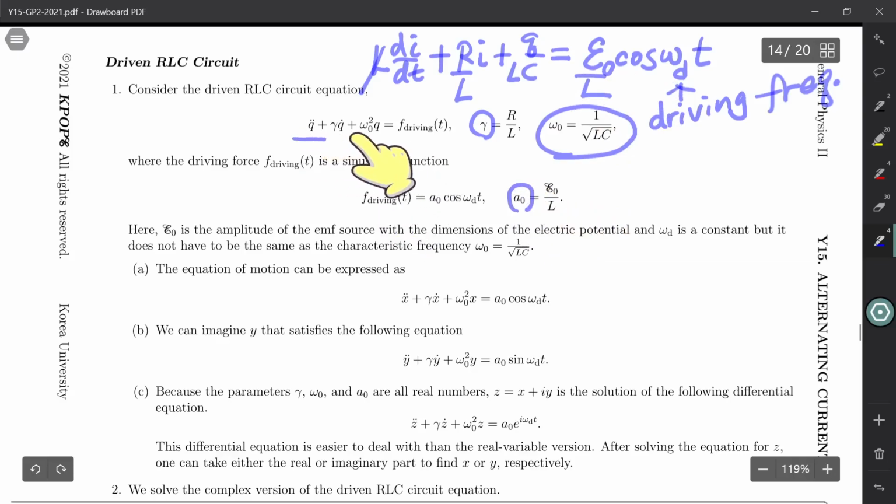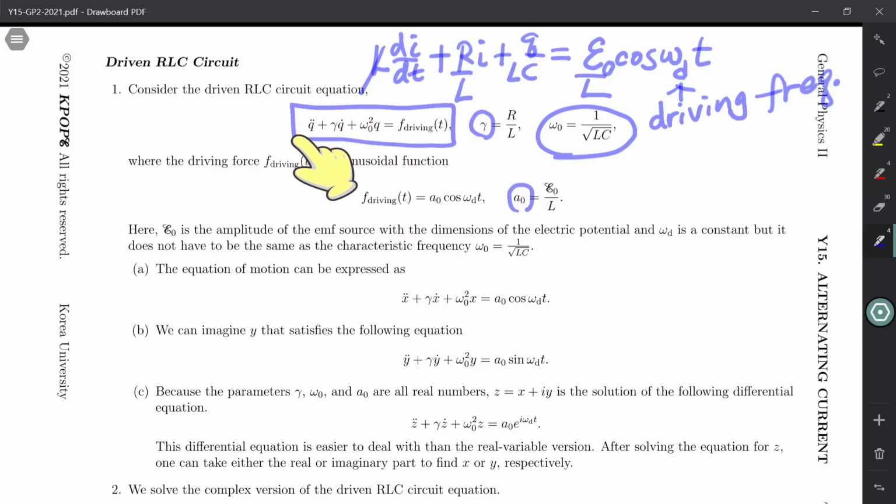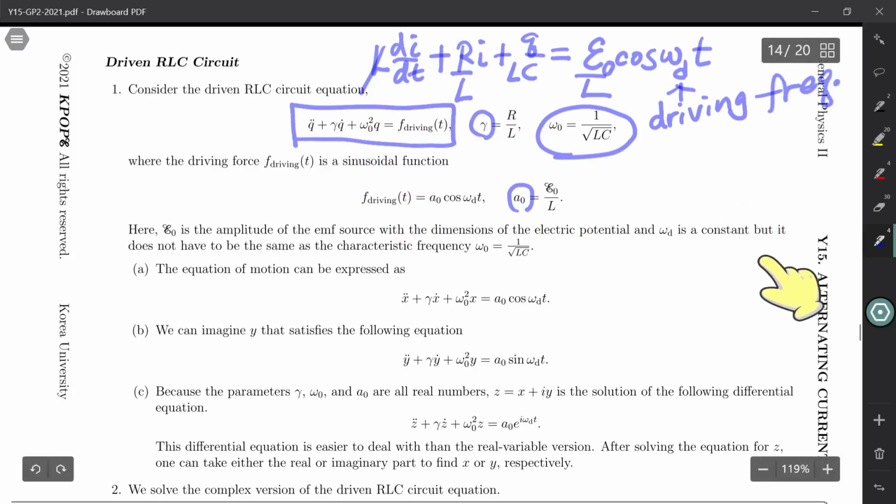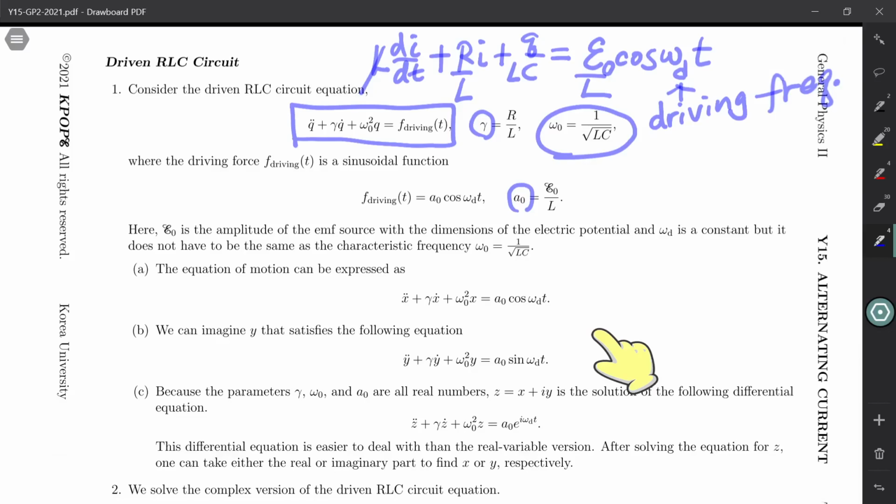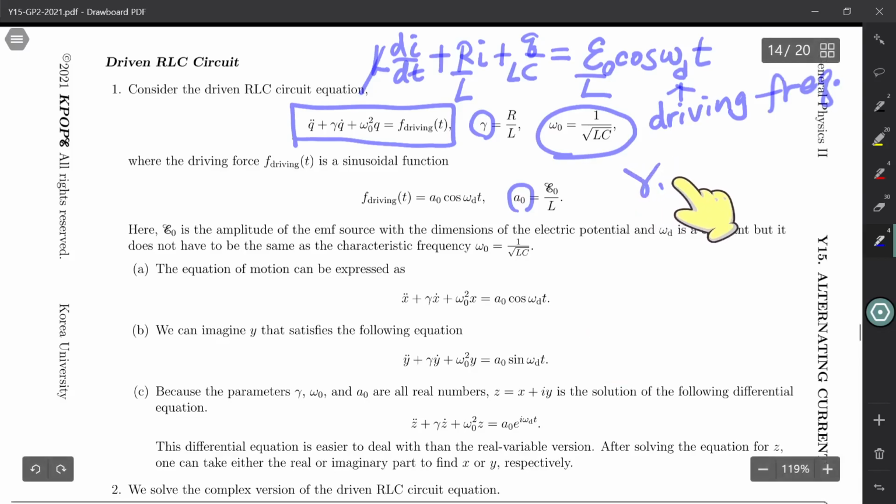We have this non-homogeneous equation. We notice that gamma, omega 0, both of them are real.